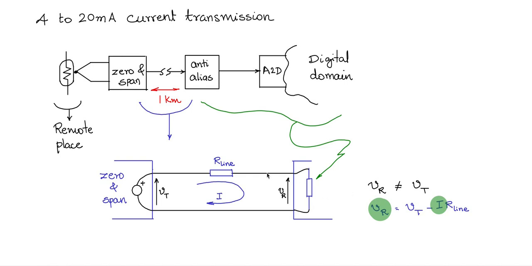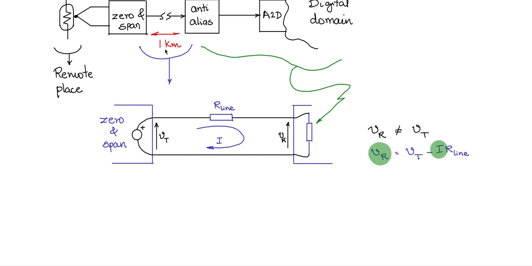So therefore, whenever you are using this kind of long distance transmission of the data, or a value of the signal from one end to the other end, you need to convert this into a current source so that you are pushing current.